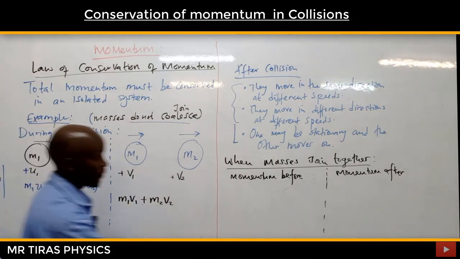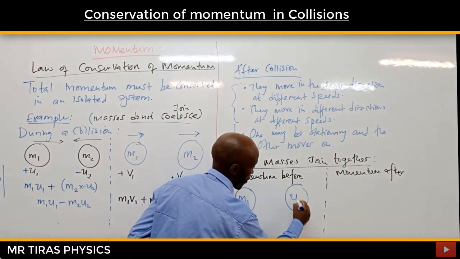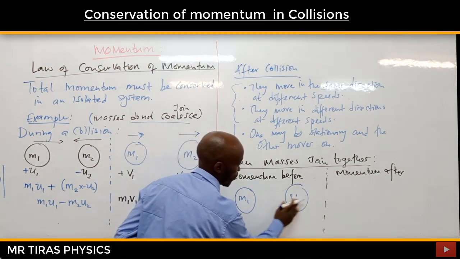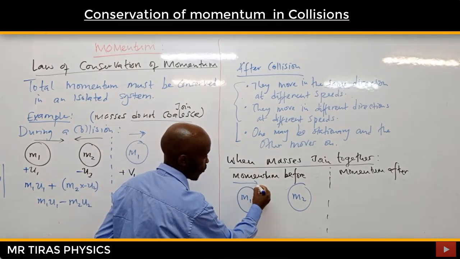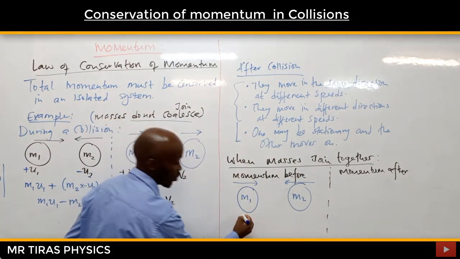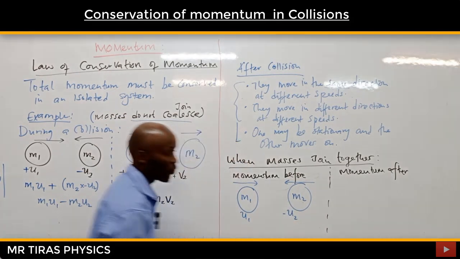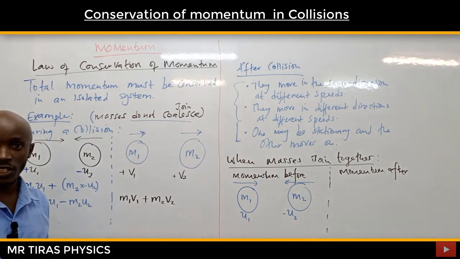So if these are still our masses, m1 and m2, let's suppose they're still moving in opposite directions. So this will be our u1, and automatically this becomes negative u2 because it is in the opposite direction.